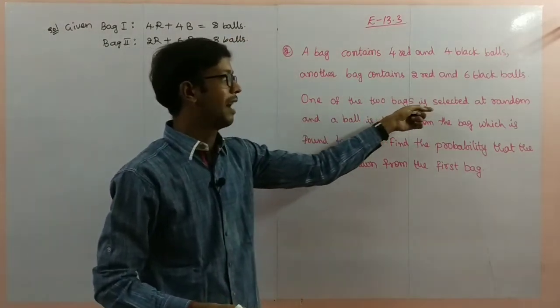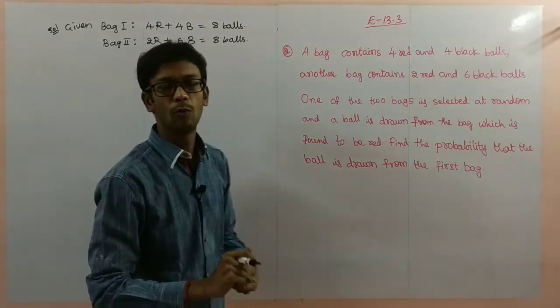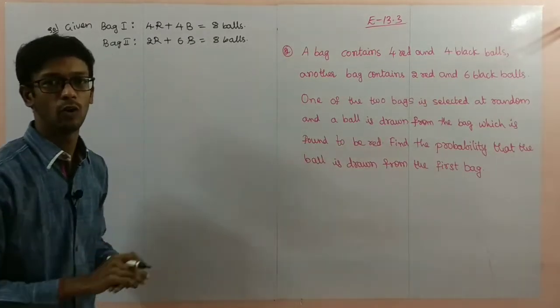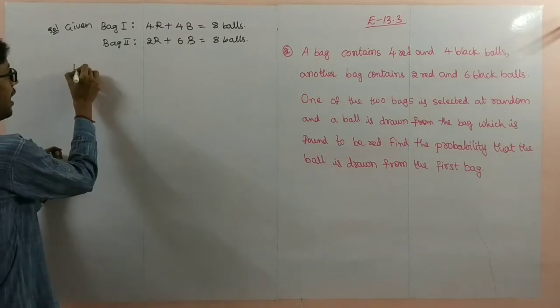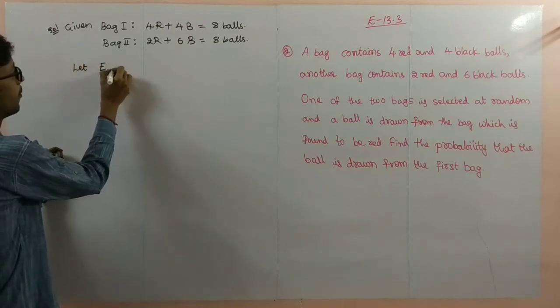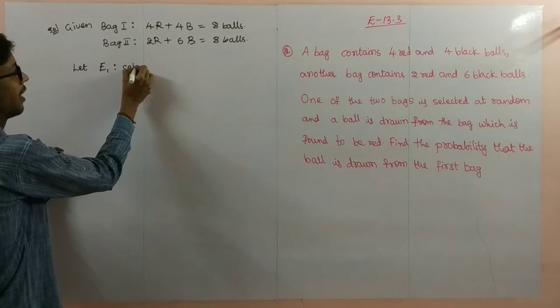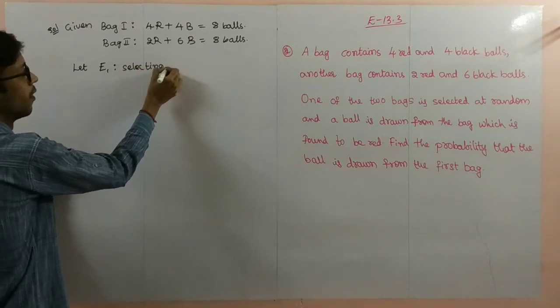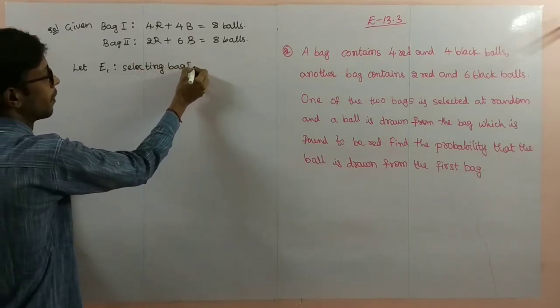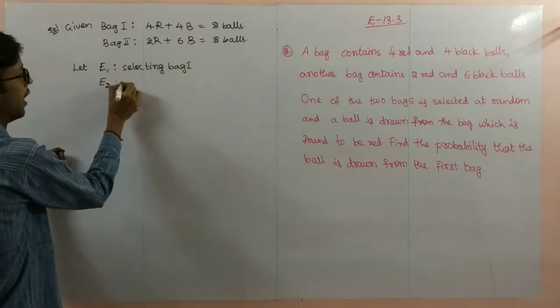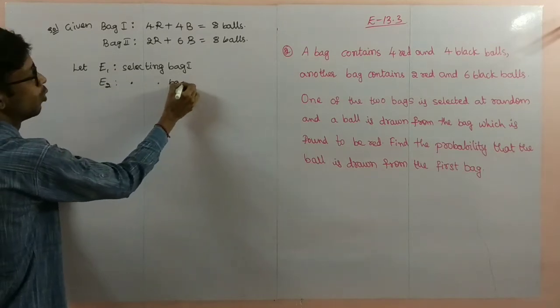One of the 2 bags is selected. First of all, you have to select the bag. I am writing here, let E1 be selecting bag 1, E2 selecting bag 2.